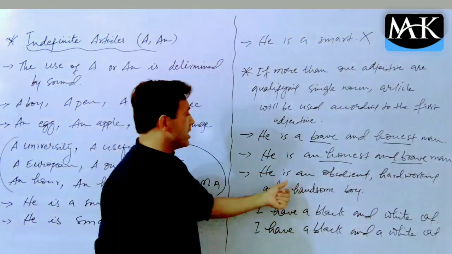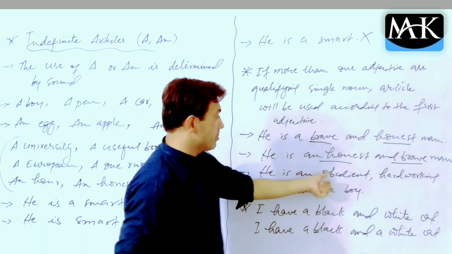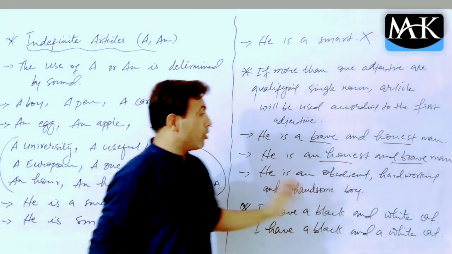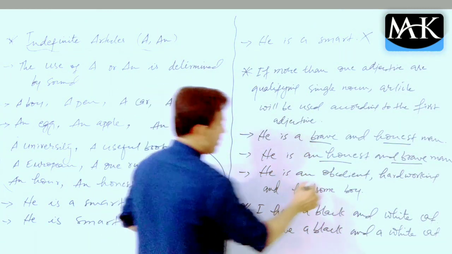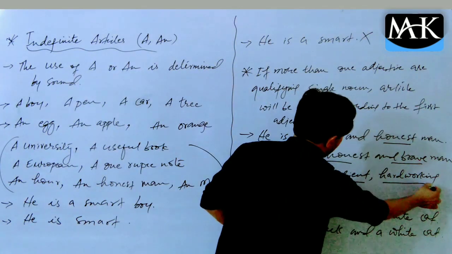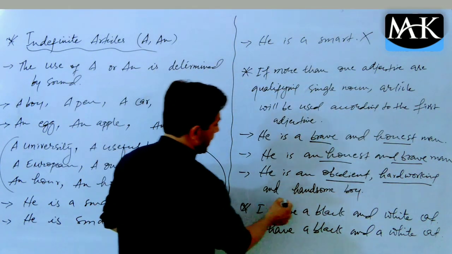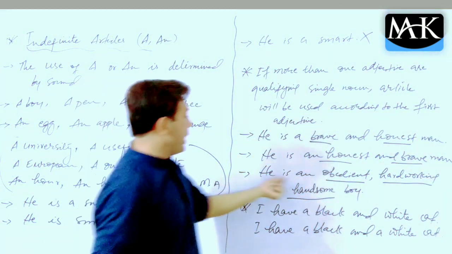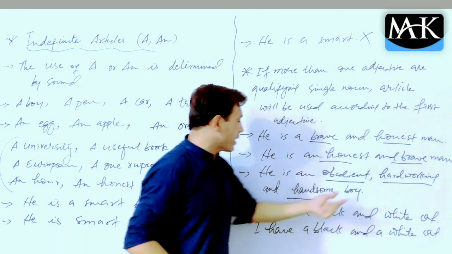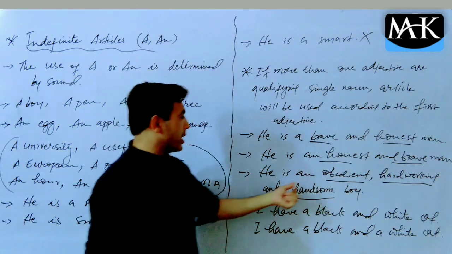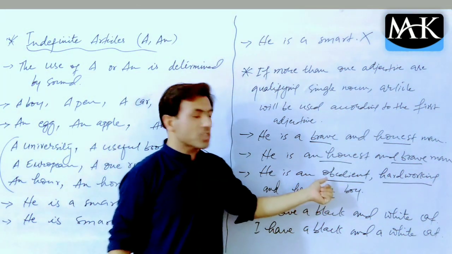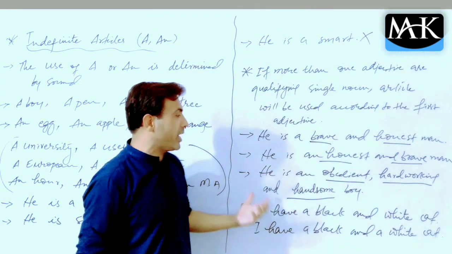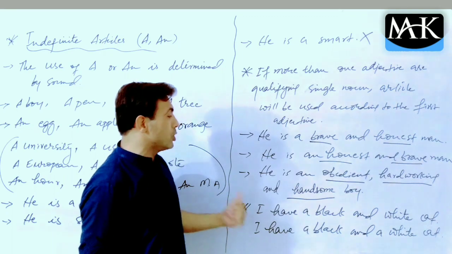Then we have he is an obedient, hardworking and handsome boy. Now there are three adjectives: obedient, hardworking and handsome, right? Now listen here. He is an obedient, hardworking and handsome boy. Now an obedient, because obedient starts with a vowel sound, therefore we have used an.